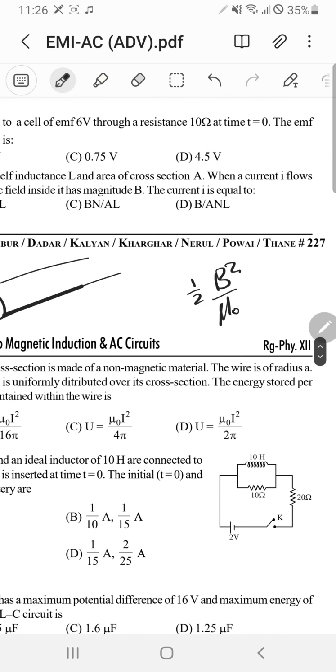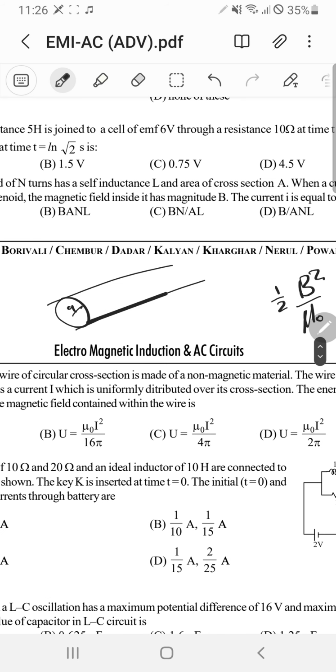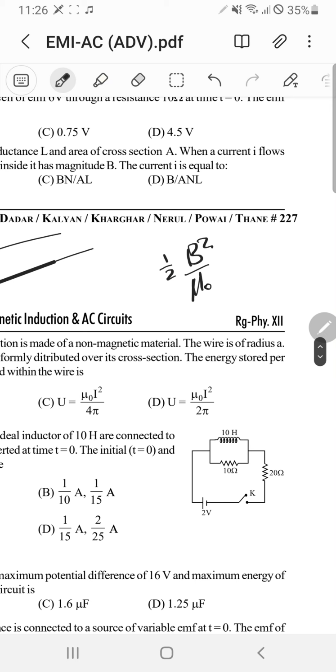So if per unit volume your energy is this thing, is that right? Yeah, I think it's right. It should be.